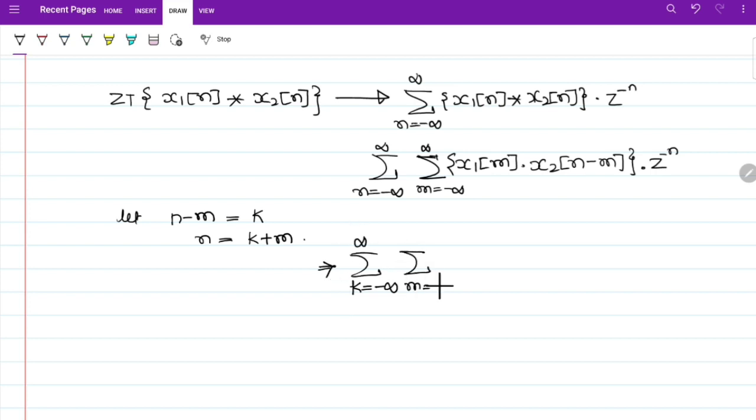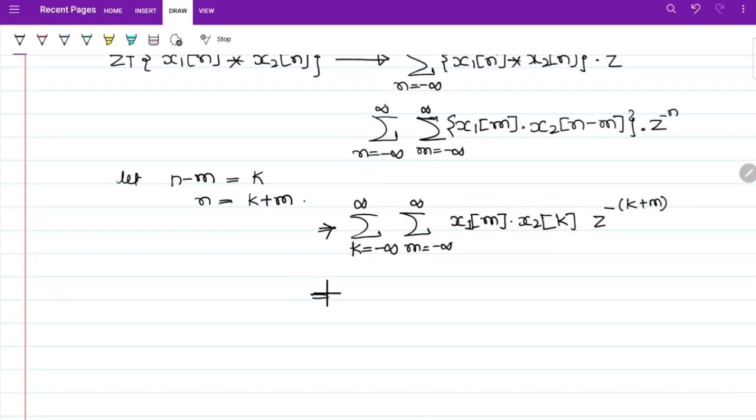Plus summation over m is equal to minus infinity to plus infinity x1 of m into x2 of n minus m, or we need to write here k, right? Because n minus m is k, into z to the power minus n, that is k plus m. Okay.